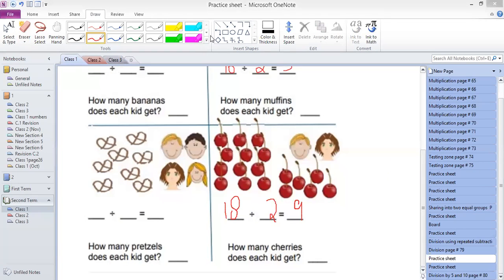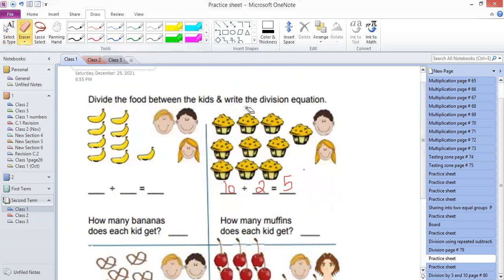Okay. Now, Ibrahim Amr. Yes, Ibrahim, you have to distribute these bananas equally to these 3 kits. 1, 2, 3, 4, 5, 6, 7, 8, 9. 9 bananas are there.